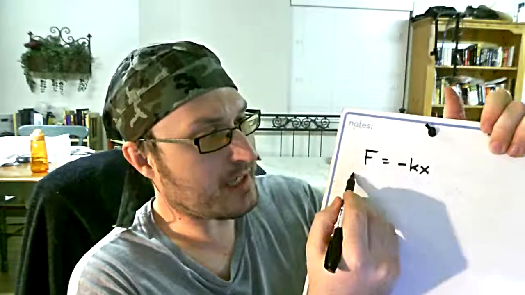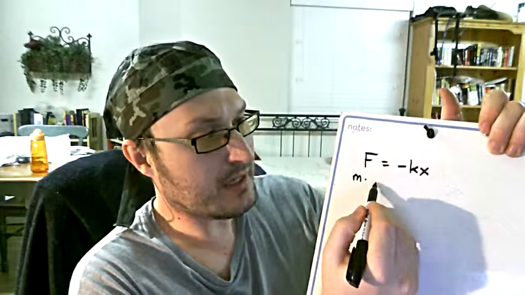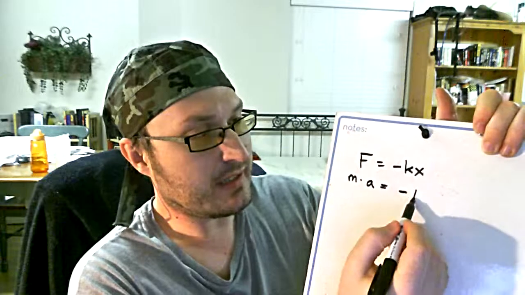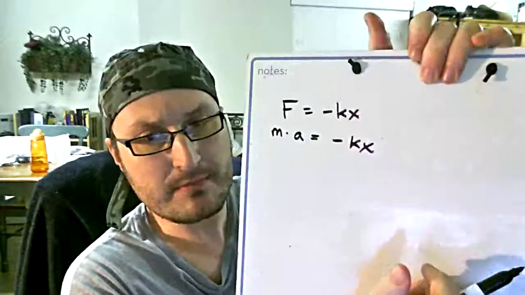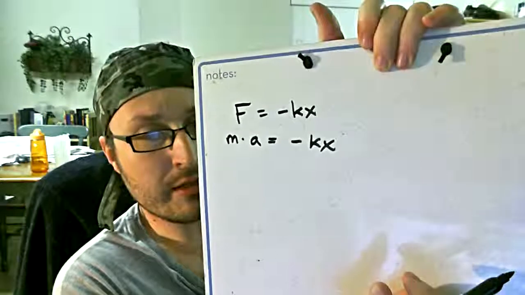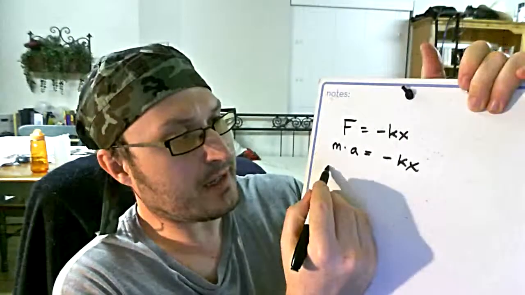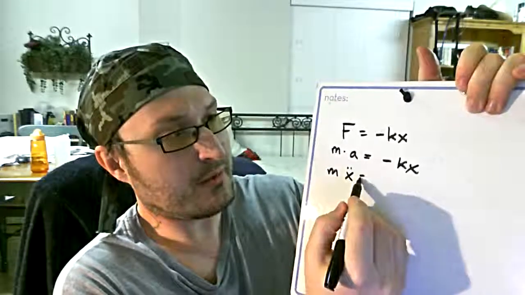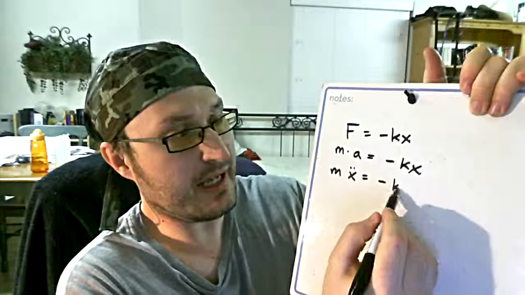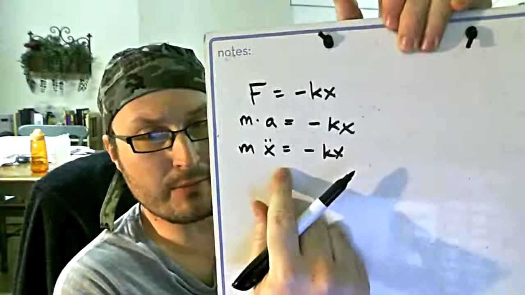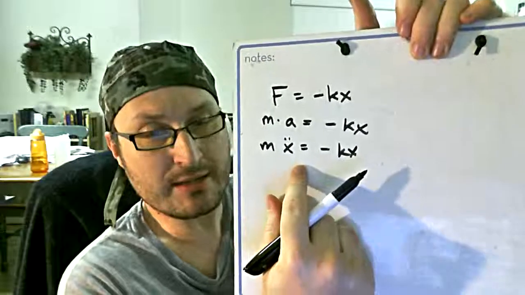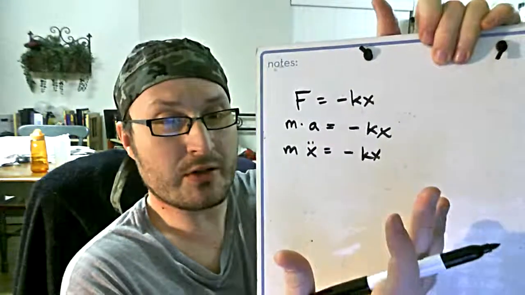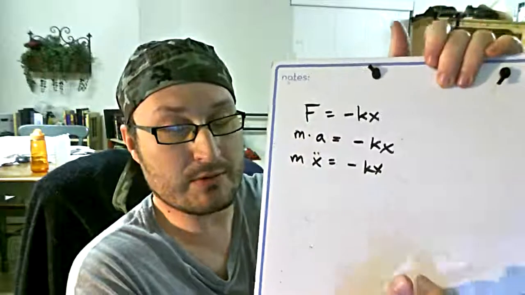So I can rewrite that, due to Newton's law, as the mass of the body times the acceleration it's undergoing, and that's equal to negative kx. It's a little crooked there, but you get the idea. Another way to write that is the mass times the second time derivative of x equals negative kx. If you remember this type of thing from a mechanics class and that's the first thing that pops into your head, and you're sure about that, then fine, you got there with one or two less steps than I did.